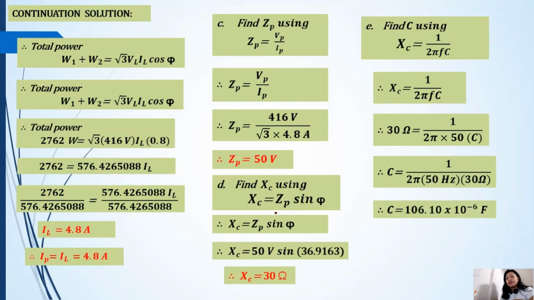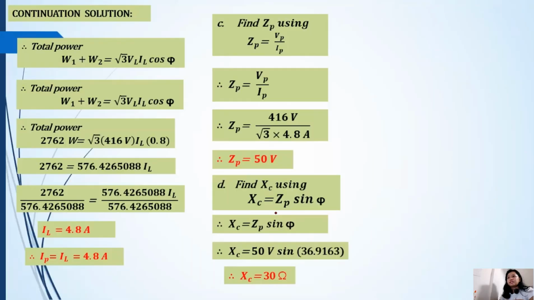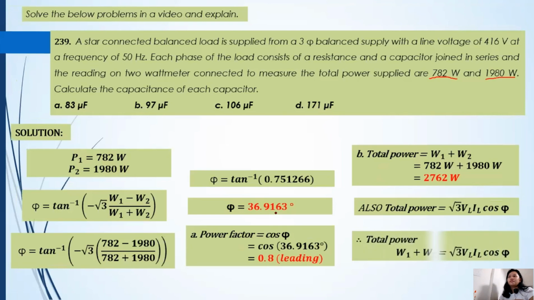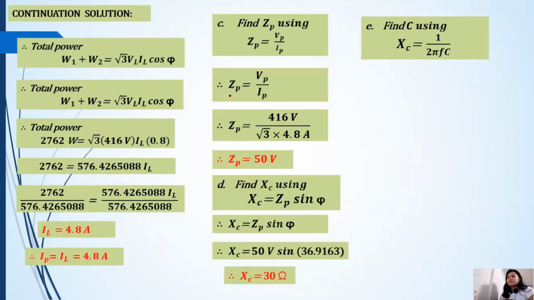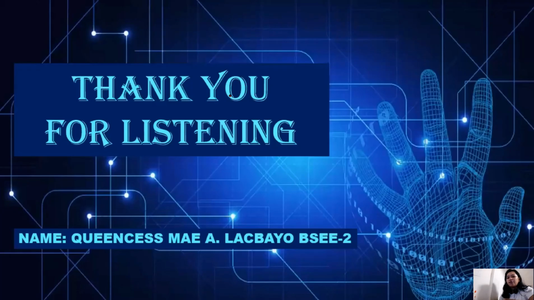So therefore, the capacitance is equal to 106.10 times 10 to the power of negative 6 farads. So let's use the microfarad unit. Therefore, the answer is 106 microfarad. And that is letter C of our problem. So this is the answer: letter C, 106 microfarad. So that is all, and thank you for listening.